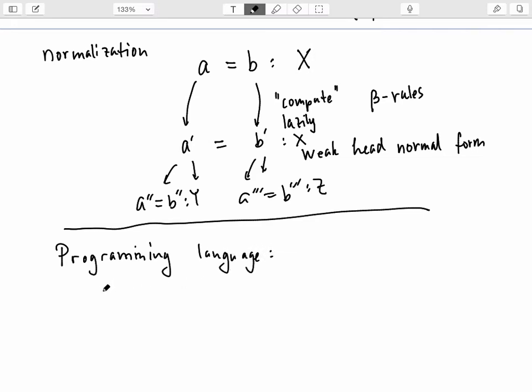Which is, first of all, it has to be sound, which means it cannot derive things unless they're derivable. So if my language computes something, if when I run the thing it says, yep, everything is okay, that means everything is okay. Okay.